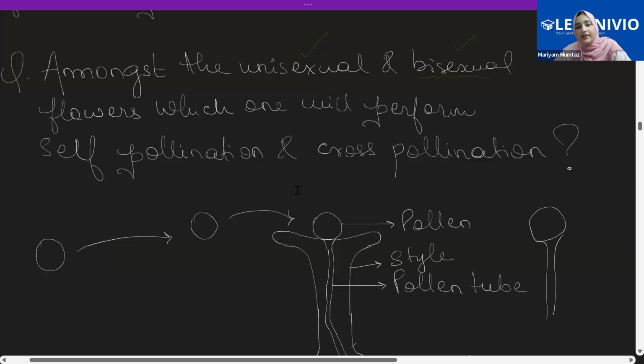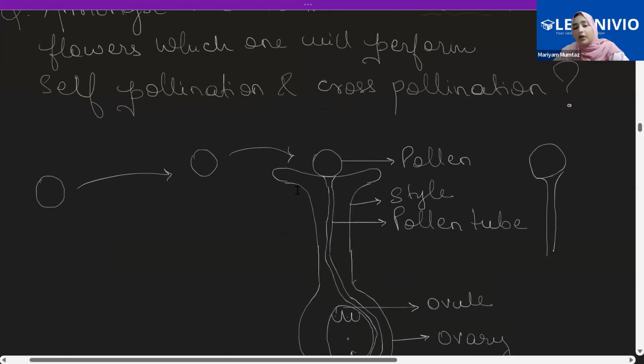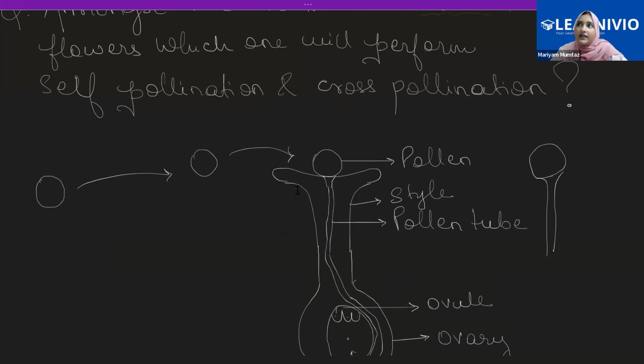Now see, as soon as the pollen grain lands on the stigma, the stigma will recognize whether it is the right type of pollen or the wrong type of pollen. And then pollen germination will happen.